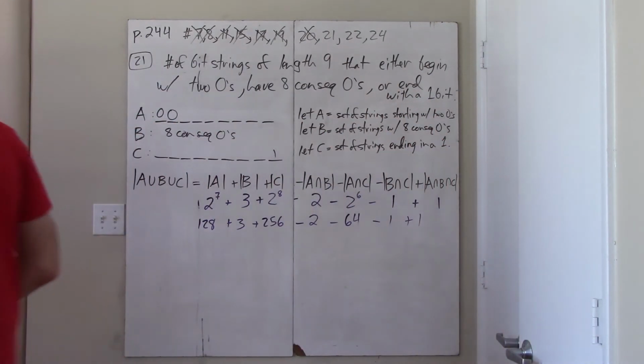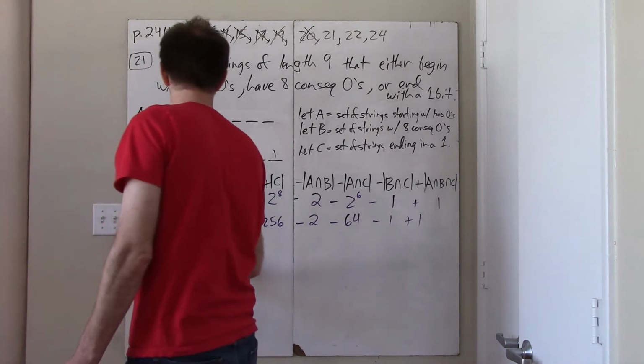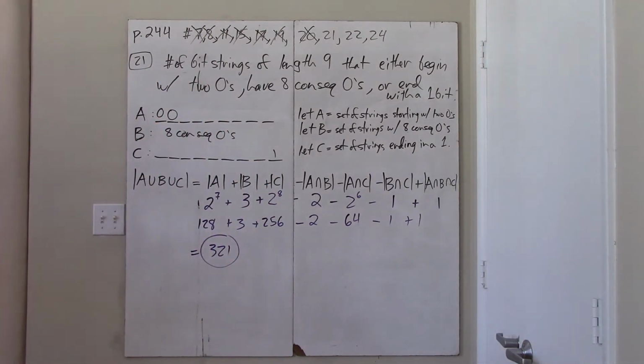And when you do all that out, you just get 321. And so there are 321 bit strings of length 9 that either begin with 2 zeros, have 8 consecutive zeros somewhere, or end with a 1 bit. Okay, good.